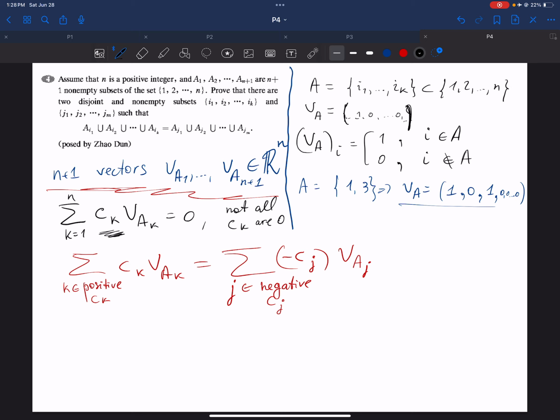And basically we get that the union over k, such that ck is strictly positive, of the Ak's is actually equal to the union over j, such that cj is negative, of the Aj's.